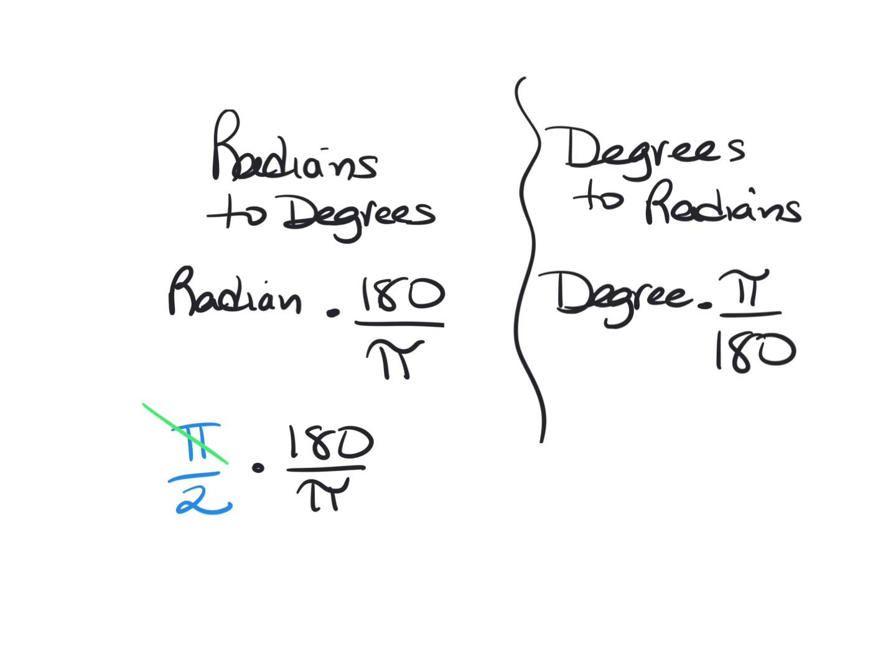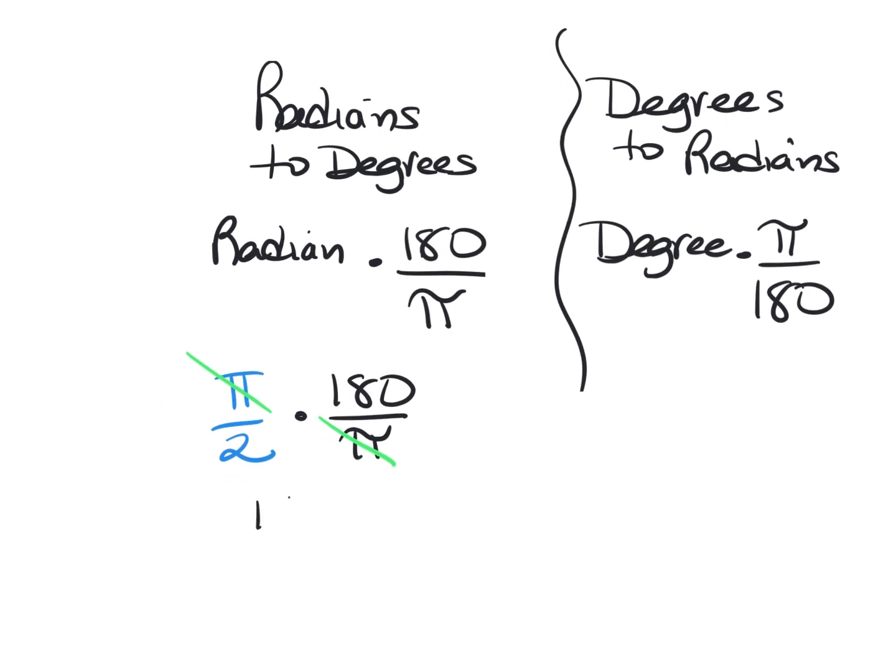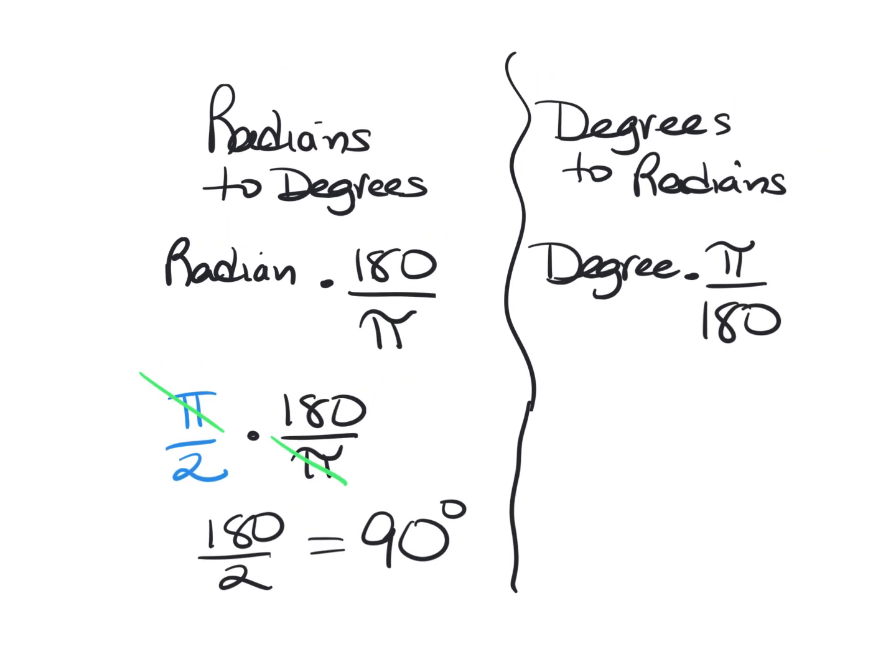Notice the pi's cancel, and now at this point, you end up with 180 over 2. This will divide evenly, and it's 90 degrees. When you convert from radians to degrees, you can either leave it as a simplified improper fraction or divide it, okay? For the degrees to radians, though, I want a simplified fraction.